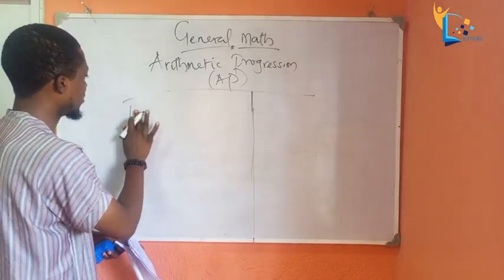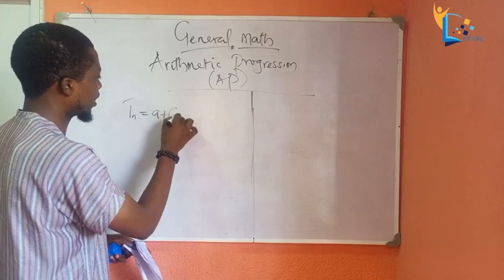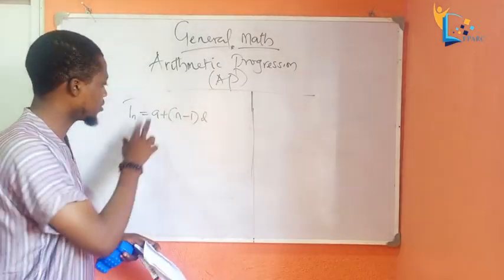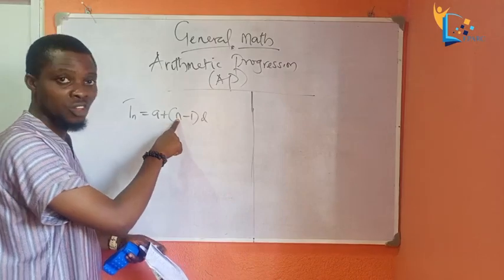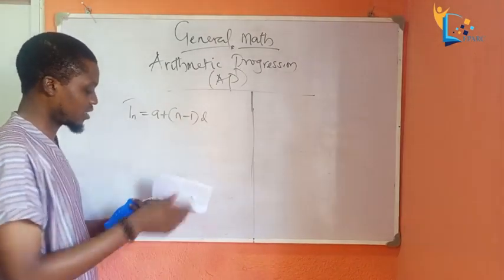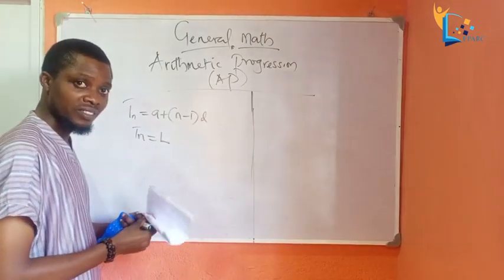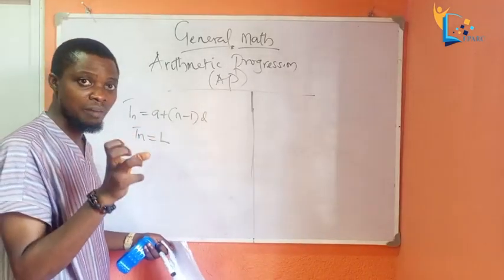Now, the nth term of an AP is given as A plus bracket n minus 1 close bracket D. Remember we say A is the first term, D is the common difference, n is the number of terms. Tn here can also mean the last term. So this is the formula for finding the nth term of an AP.